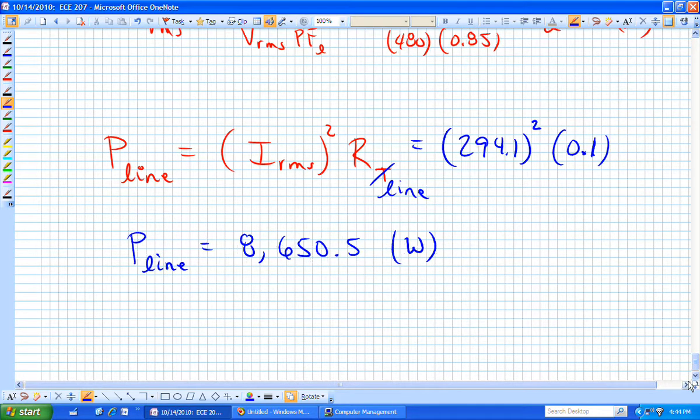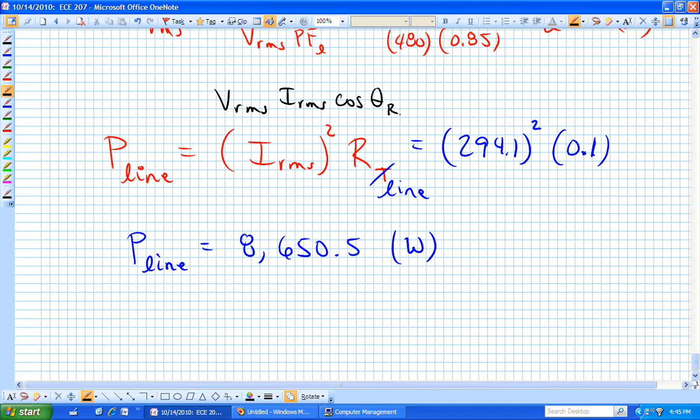Why is it IRMS squared? Because we need to have RMS units, we could think of this as many different things, couldn't we? We could say that this was VRMS, IRMS, and because it is purely resistive, what do we know the angle of our resistor is?